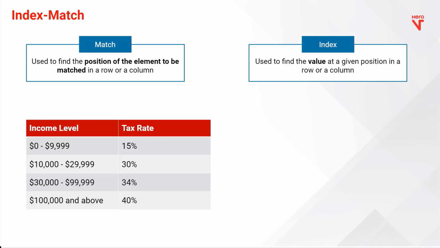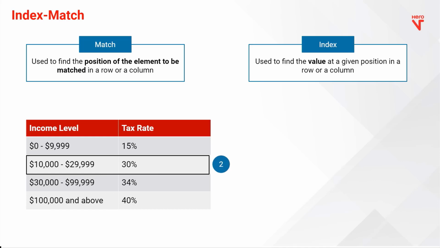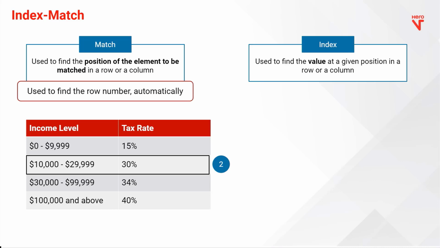Let's imagine we want to match the tax rate at 30% to its corresponding income bracket. Now, the tax rate of 30% is at row number 2 of the column corresponding to the tax rates. To automate the process of finding this row position, we can use the match function.